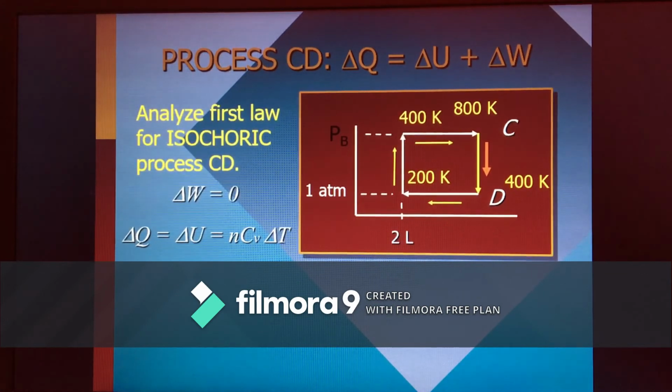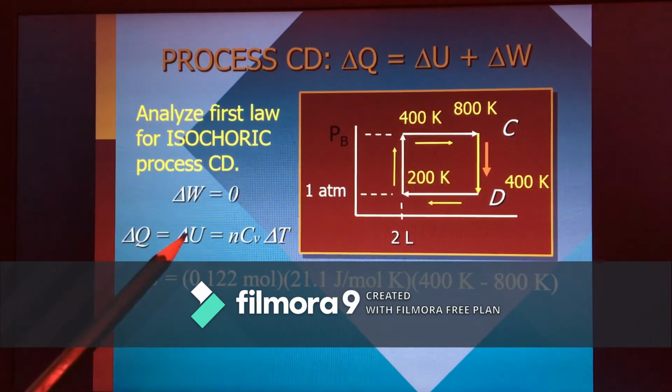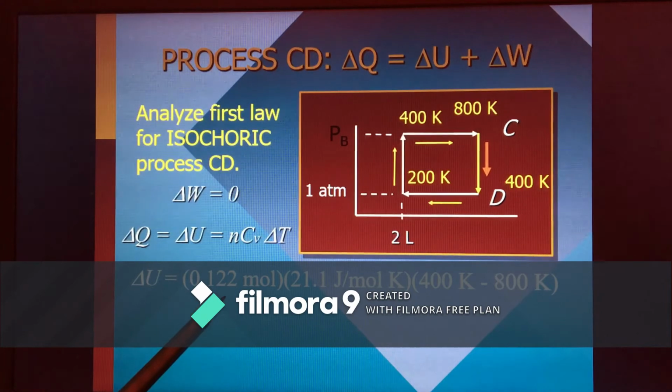Substituting the given and calculated results, we have delta U equal to 0.122 mole, this is our n, multiplied by the specific heat of oxygen, that is 21.1 joules per mole degree Kelvin, multiplied by the change of temperature.